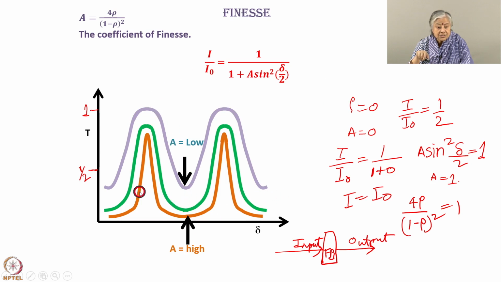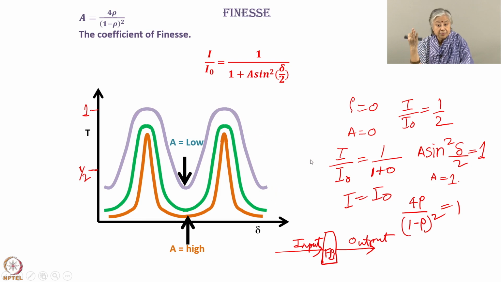In case of the green curve, the contrast between the maximum and the minimum is not so bad, and the contrast is best in this red curve. Though this transmission may not be 1, between the top transmission and the bottom, the contrast is very good. So, the visibility of this curve is much better than the visibility of this curve.